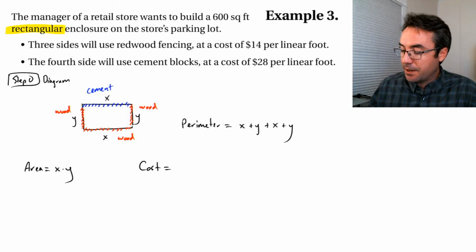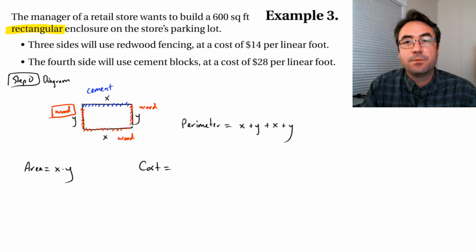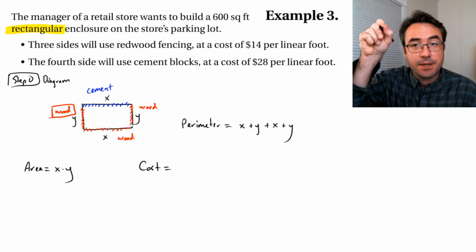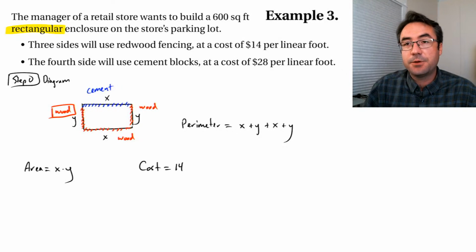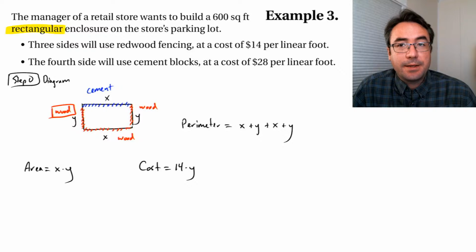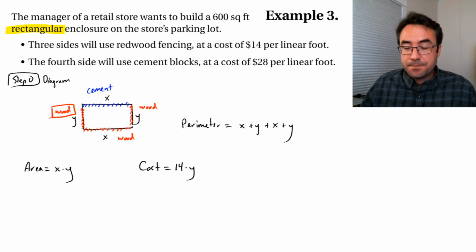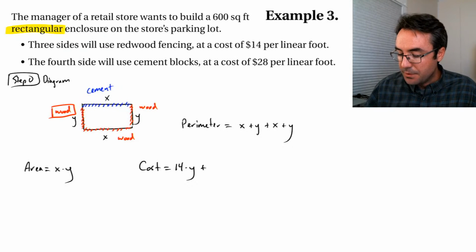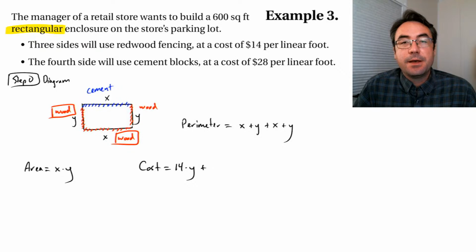Let's start with this wood side on the left. What would be the cost of building fencing along that side? Well, we know wood fencing costs $14 per foot, and we know that the length of that side is y. So it's cost times the length. Then let's look at the bottom side here.